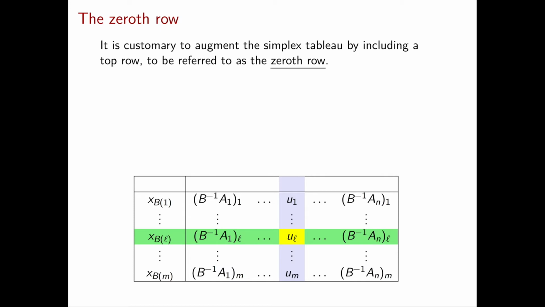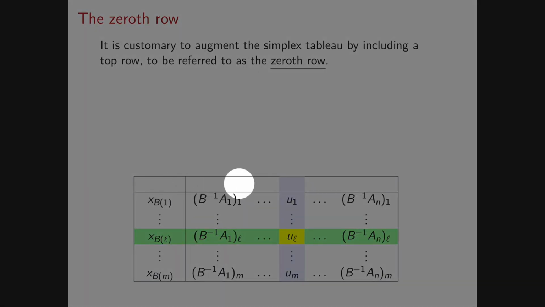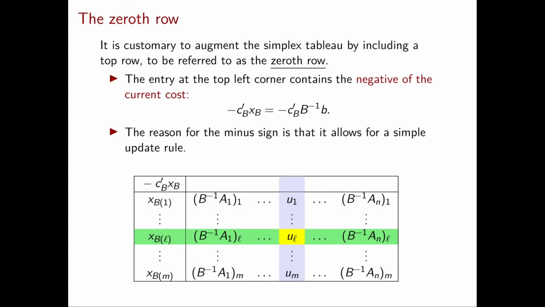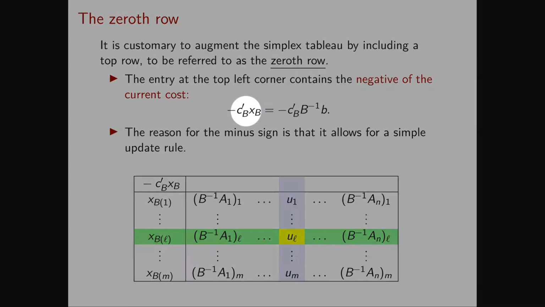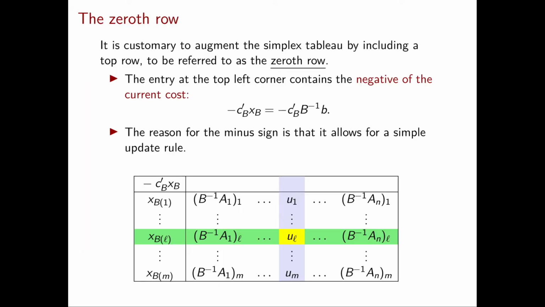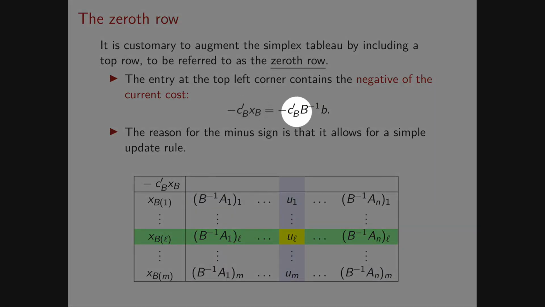And this additional row will be put on top of the current tableau and will be called the 0th row. At the top left corner, we put the negative of the current cost. So the formula is minus c_B transpose x_B, or in a different form, minus c_B transpose B inverse b.